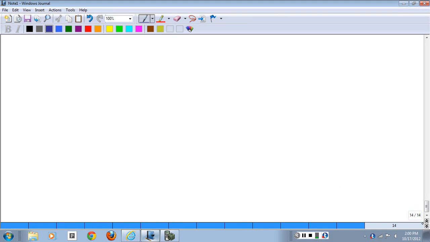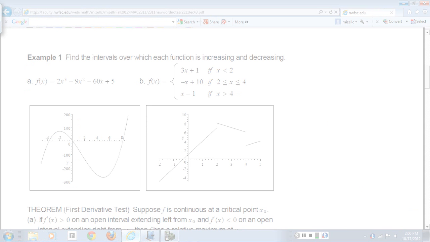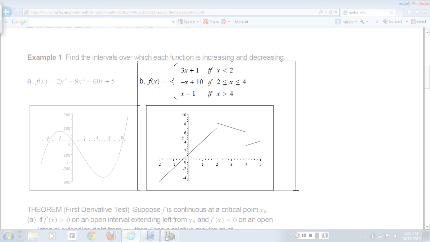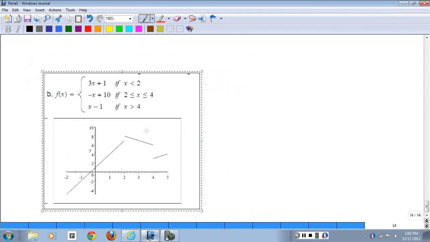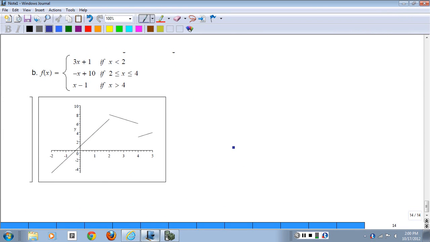So, what about this next example? Can it be done in 4 minutes? Maybe, if we just kind of visually get this. I think we can differentiate this piece by piece. F prime of x equals 3 if x is less than 2, -1 if x is between 2 and 4, notice how I'm leaving off the endpoints, the or equal to bars, and 1 if x is greater than 4.